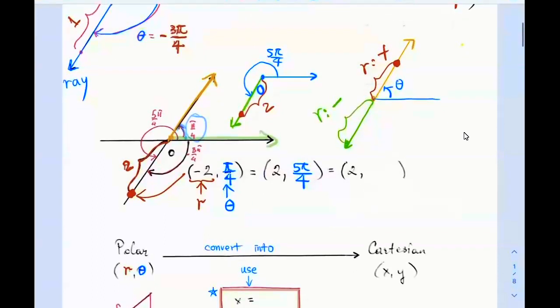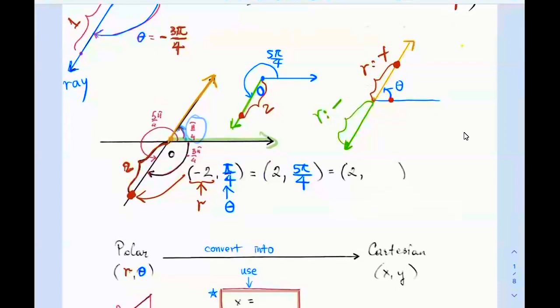Just remember, if r is positive, you go along the direction of the ray. If r is negative, you go the opposite direction of the ray. You first locate theta and draw the ray, and then depending on what r is, positive will be here, negative will be here.